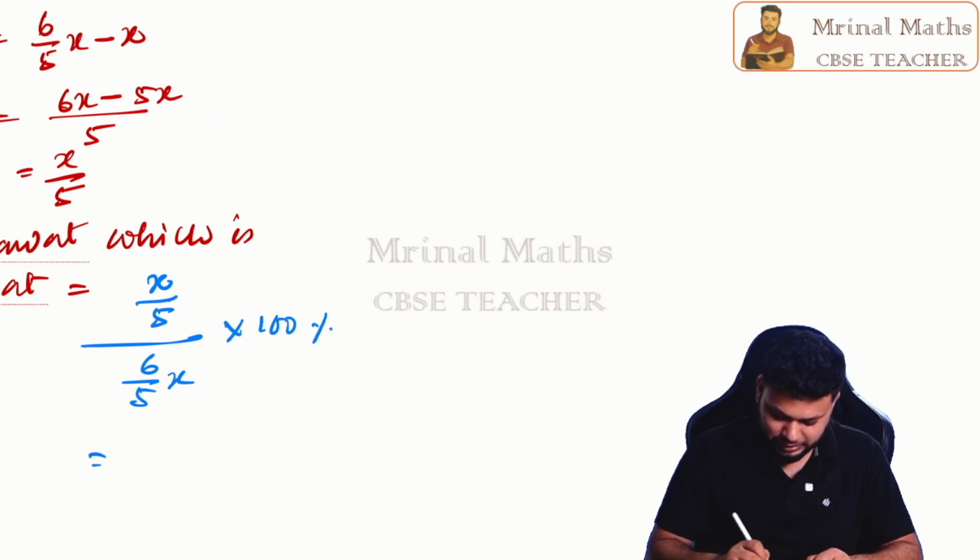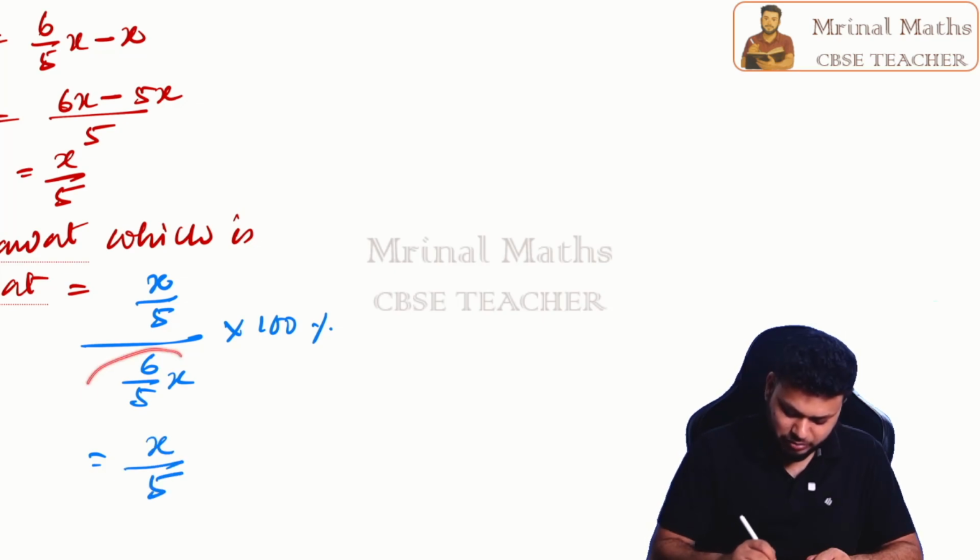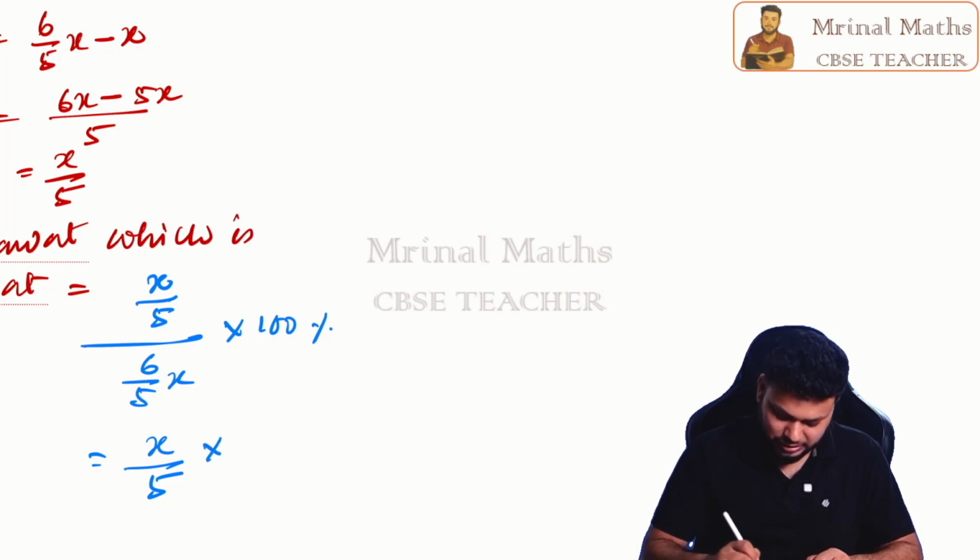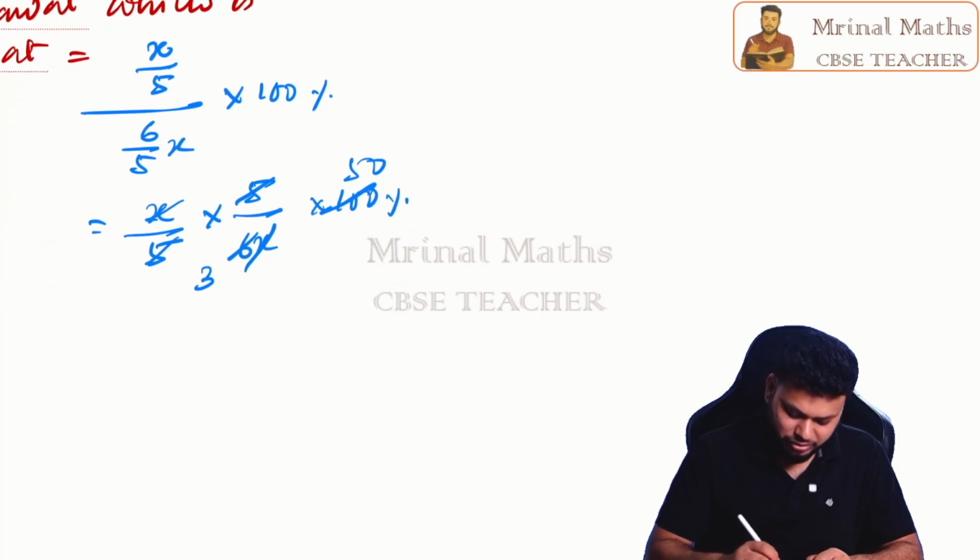If you look at this calculation, X by 5, and down there we are going to take the reciprocal of this. So I can write 5 by 6X into 100%. 5 and 5 cancel, X and X cancel, 2 3s are 2 5s are dividing 50 by 3.